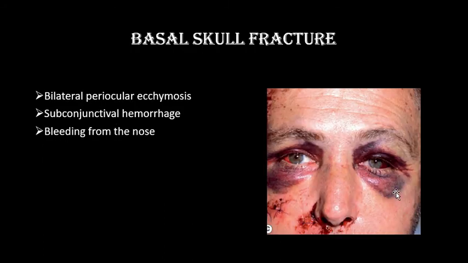This is the picture of a patient with basal skull fracture, which is usually because of a fall. The patient will present with bilateral periocular ecchymosis, like here, and there is subconjunctival hemorrhage, and there is bleeding from the nose.